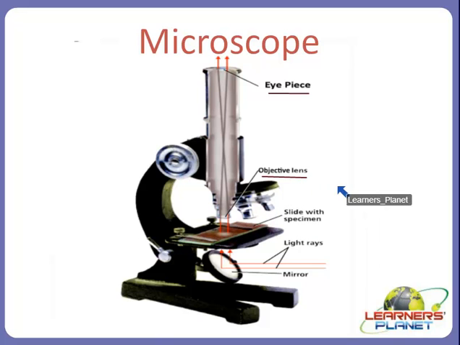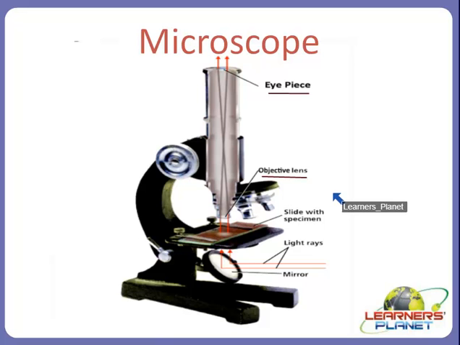In a compound microscope, generally lenses are provided with varied power, having magnification power of 10 times, 45 times and 100 times. What we mean by that is, this particular lens can magnify the image up to 10 times. The second lens, 45x, can magnify the image up to 45 times.